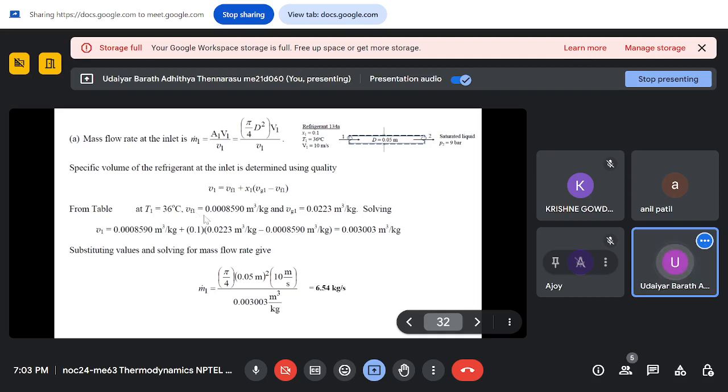At 36 degrees Celsius, your liquid specific volume is 0.000859 and your gas is 0.0223 meter cube per kg. You substitute that, and you know vapor fraction is 0.1. So substituting that, we will get the specific volume at state 1 as 0.003 meter cube per kg. So we know specific volume, we know velocity, we know diameter. So substituting all values, we can find out the mass flow rate at state 1, which will come out to be 6.54 kg per second. So this is the mass flow rate at state 1.